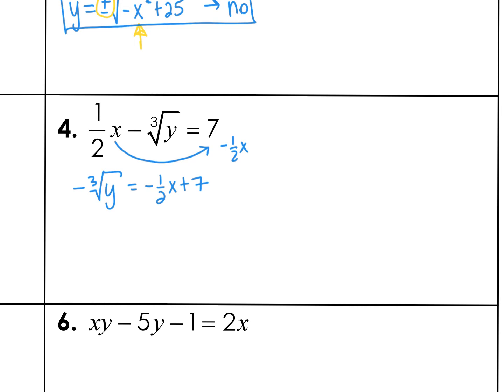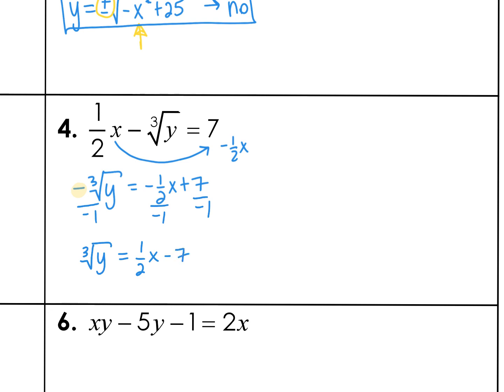All right. Now I want to get rid of this negative. So I'm just going to divide everything by negative 1. Basically, I'm just changing the signs of everything. So I'm going to have cubed root of y equals negative 1/2 divided by negative 1 is positive 1/2 x. 7 divided by negative 1 is minus 7.